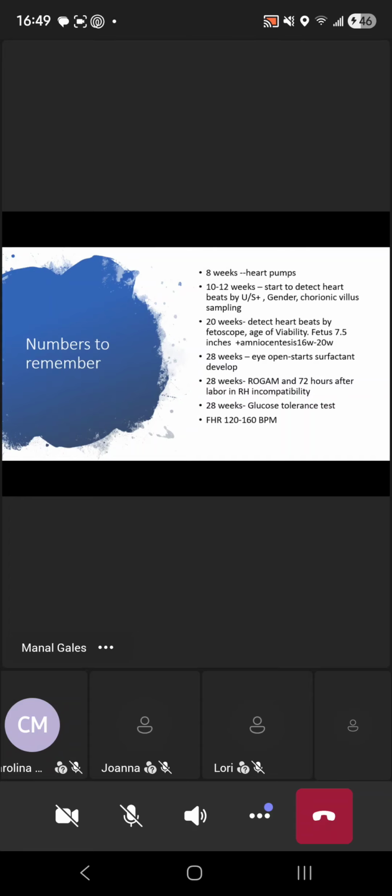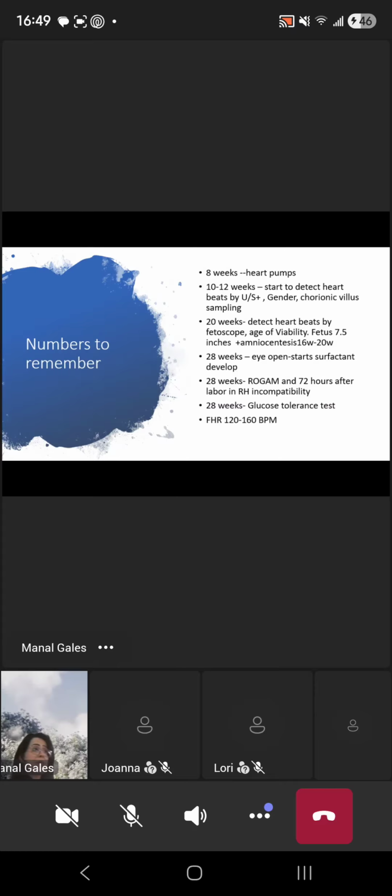What is surfactant? It's a hormone that helps with developing the alveoli. Exactly. So surfactant is a chemical substance. The alveoli are like big air sacs in the lungs.